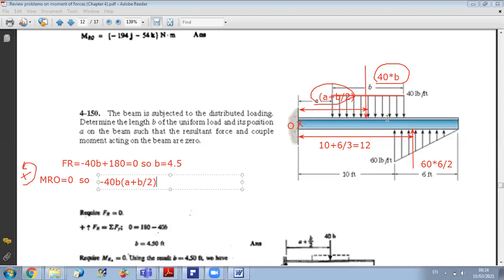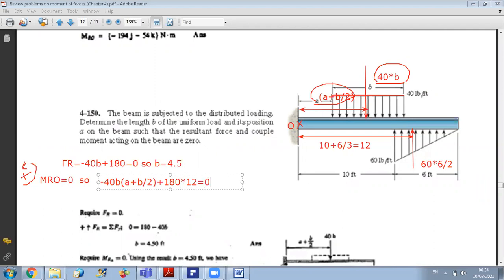And concerning the moment of the triangular load, the triangular load is doing a clockwise moment, so it's positive. So plus the value of the load, which is 180, times the distance from O, which is 12, times 12.